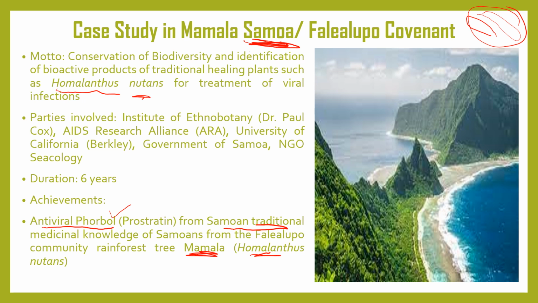So further research was done, and now after 6 years of this research, this benefit has been shared by the people of Samoa, used for improving their infrastructure as well as for protection of biodiversity. Both financial as well as non-financial benefits were used.